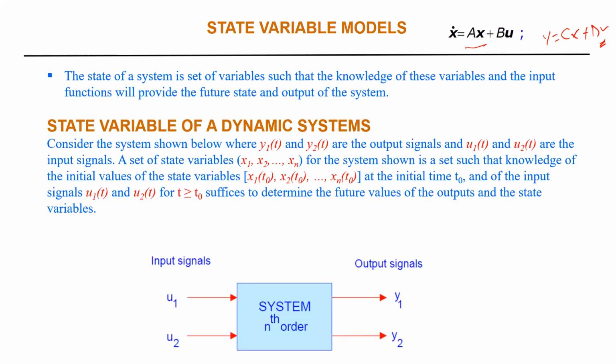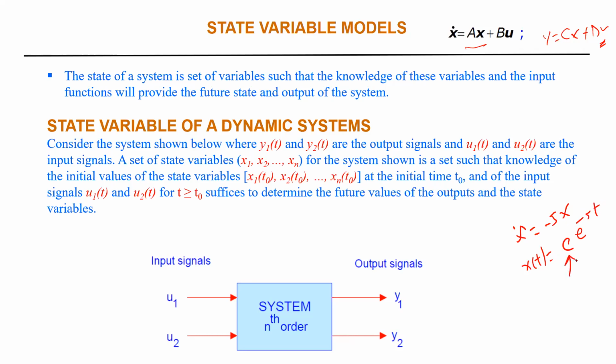So for each initial condition, look, suppose I have x dot equal to, let's say, minus 5x. Suppose I don't have any inputs. What will be the solution for this differential equation? x of t equals C e to the power minus 5t.